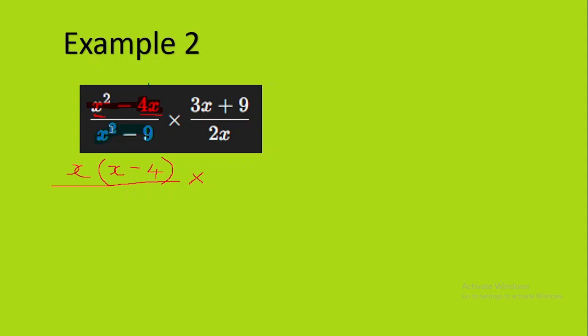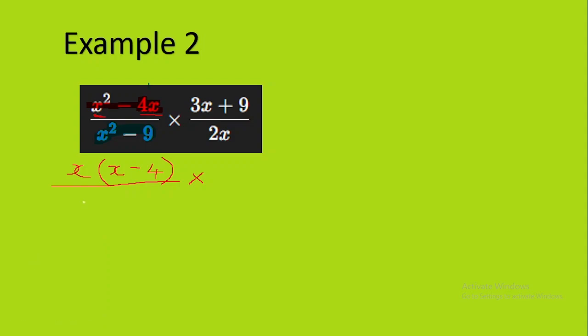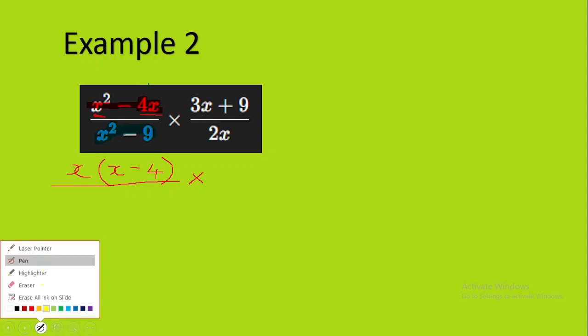So x squared minus 9, that is actually a difference of two squares because 9 is a squared number. And if you realize we have an x raised to the power of 2 right here, that is a squared number. Sorry, that's a squared letter or a squared variable or a squared term, whichever way you prefer to call it.